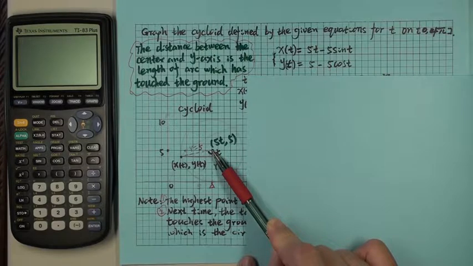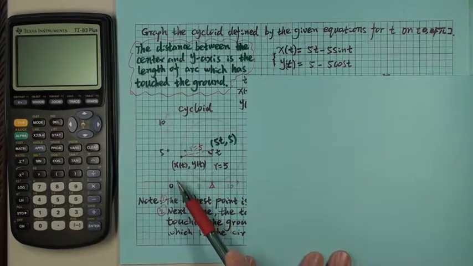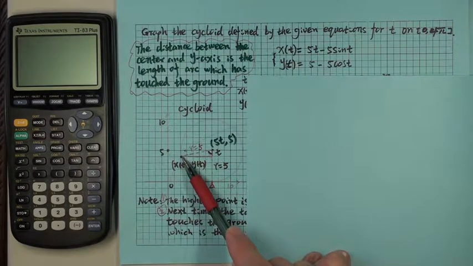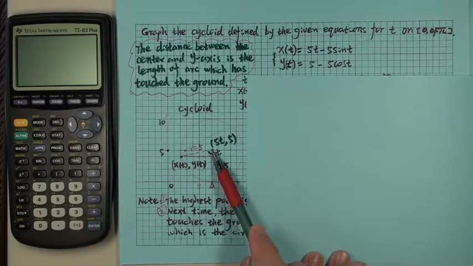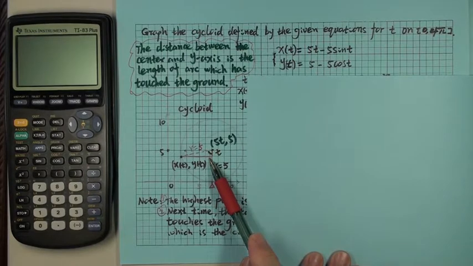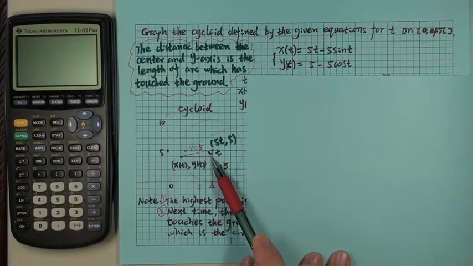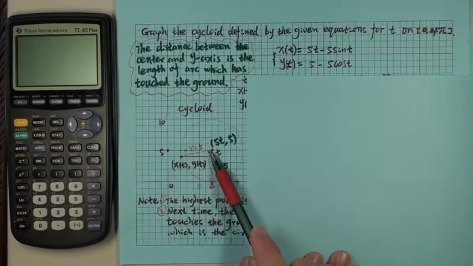But we cannot stop right there. We want to figure out the x-coordinate, this part, and the y-coordinate, this part. Yeah, we want to figure out the coordinate of this one. Then we go to look at this red triangle. Okay, the red triangle, the opposite side over hypotenuse is sine t.